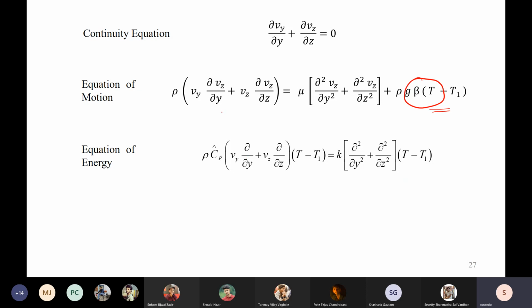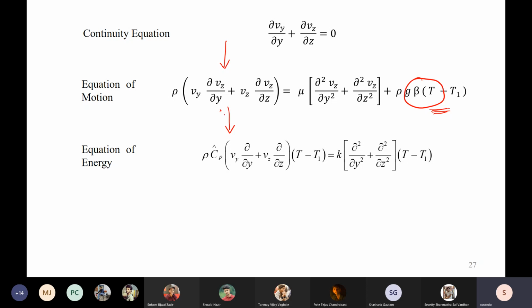So there was a coupling between them. The way to do this is equation of continuity, equation of motion, and then equation of energy. If you do not consider the last term of the equation of motion that we see over here, then the equation of motion can be solved independently to obtain the expression for velocity, and that expression can then be substituted into the equation of energy.